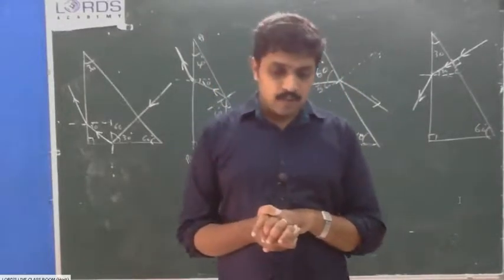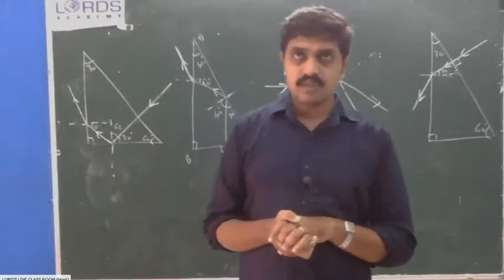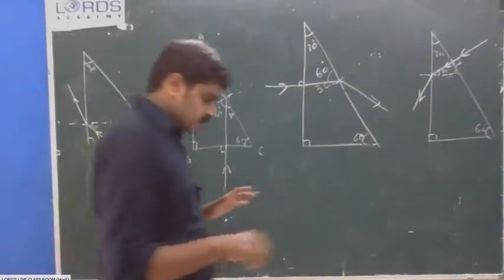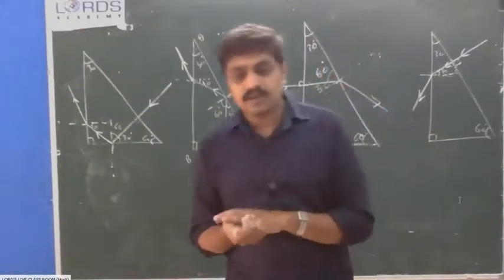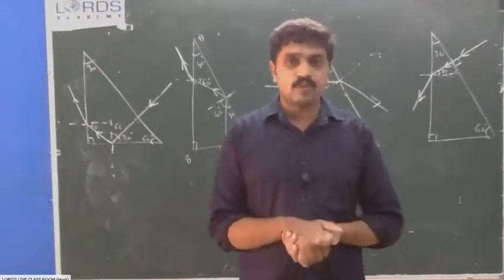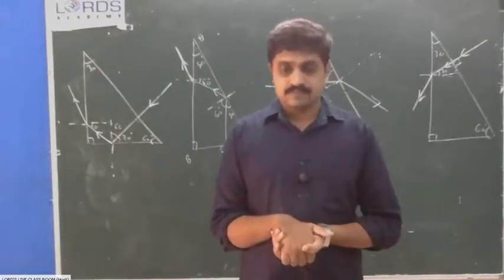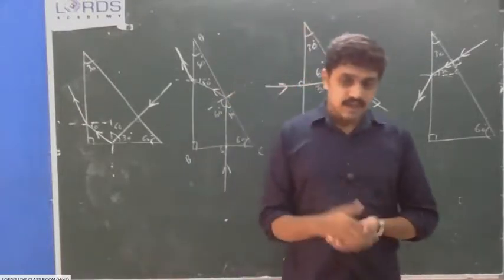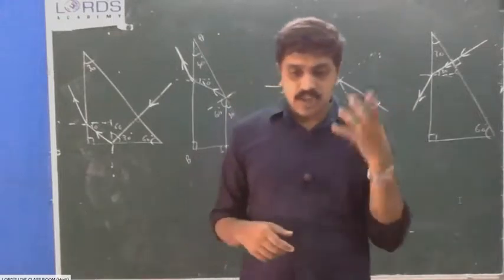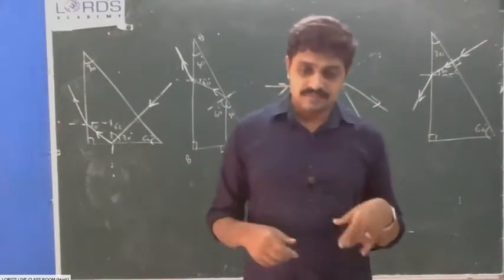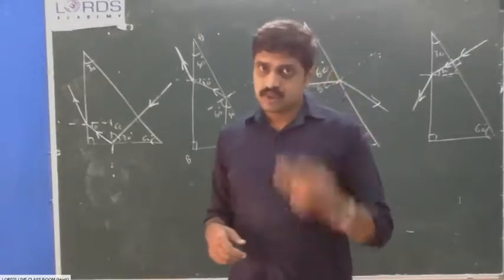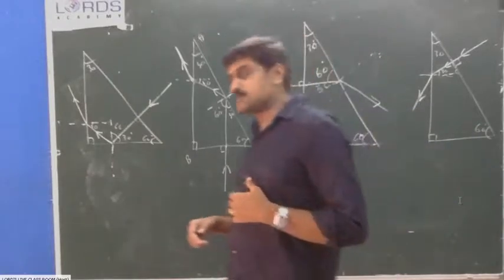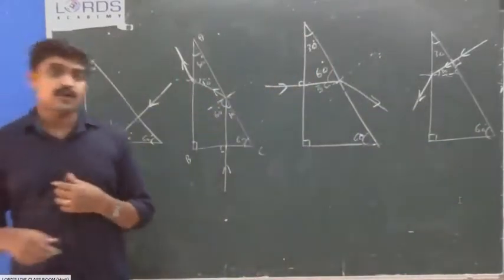So I'm not mentioning how it's happening. These are things that happen. In your 10th level textbook, they only mean that all these things happen due to the effect of total internal reflection: the mirage or road being wet on hot days, an empty test tube placed in a beaker shining when you observe it at a certain angle, the glow of diamonds, cracks of the glass that also shine, and signal transmission of light through optical fiber.